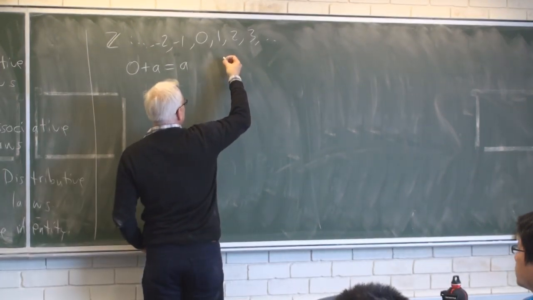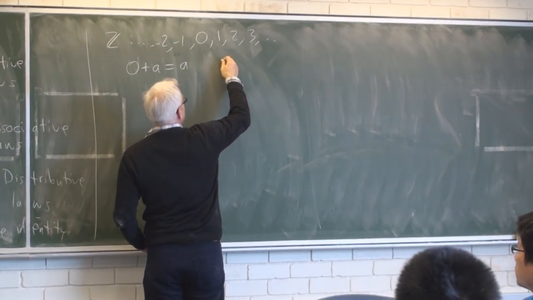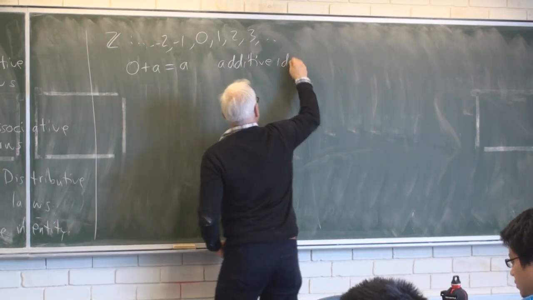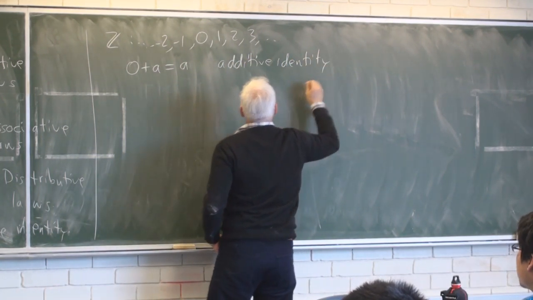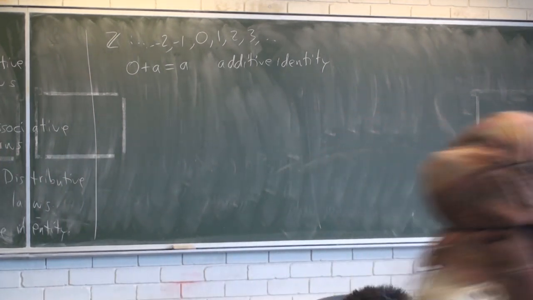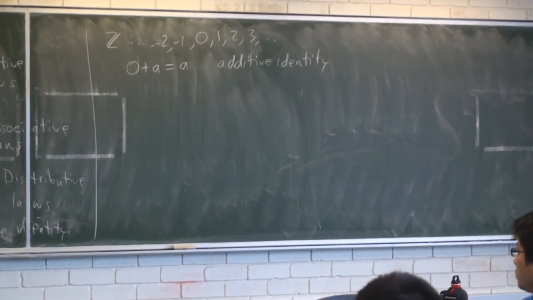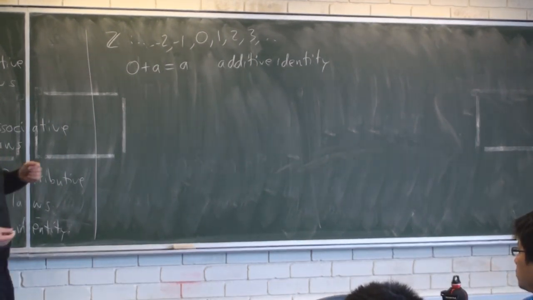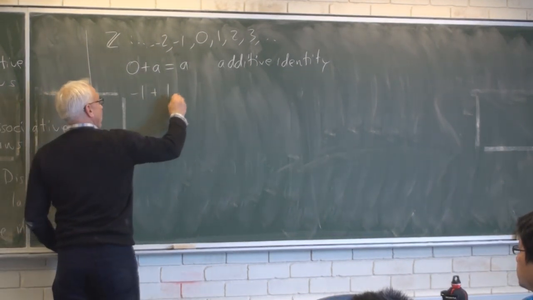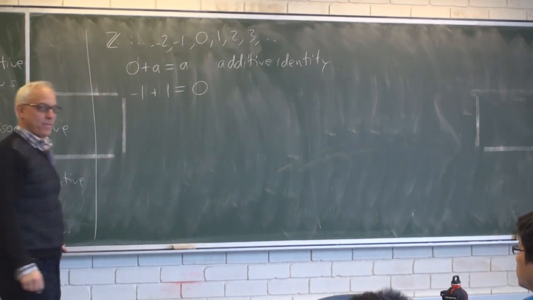So 0 is an additive identity. So in the integers, there's the multiplicative identity 1, but also now an additive identity 0. And then this number -1 plays a special role because -1 plus 1 equals 0.